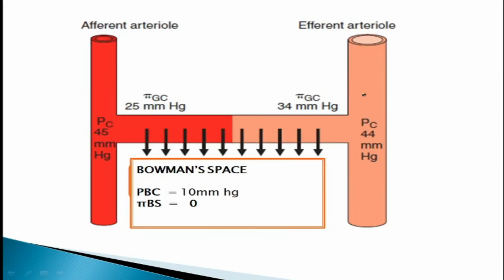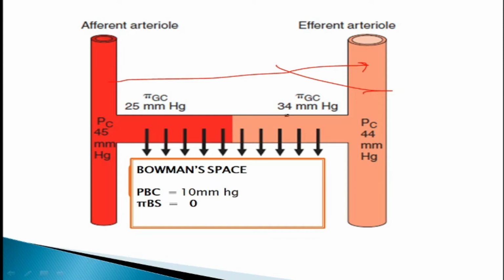Okay. So here again, this is just a line diagram which will show the hydrostatic pressure. This is the glomerular capillary at the afferent end, and this is the glomerular capillary at the efferent end. Now, whenever the fluid passes from the afferent arteriole to the efferent arteriole, the fluid will get filtered. So when the fluid keeps on filtering, ultimately after a distance, the fluid content of the glomerular capillary will decrease.